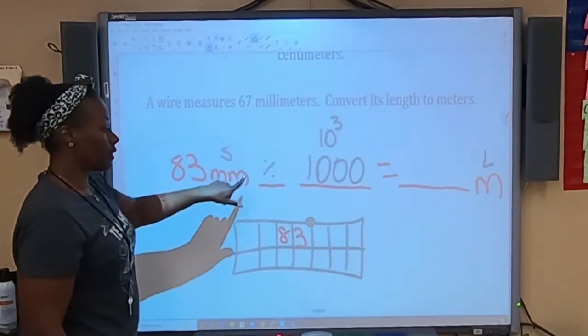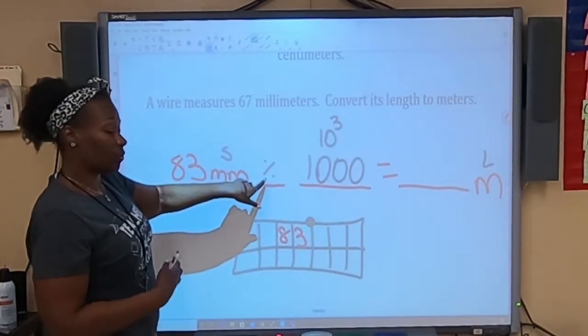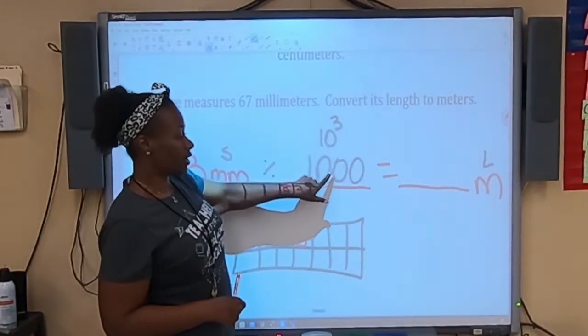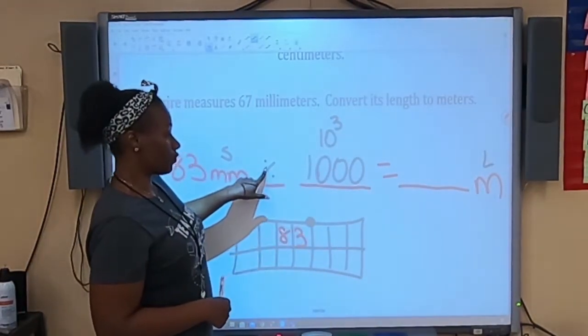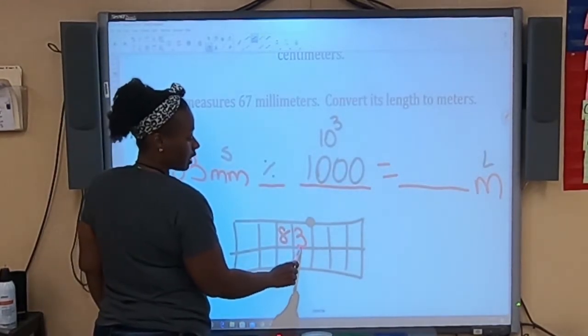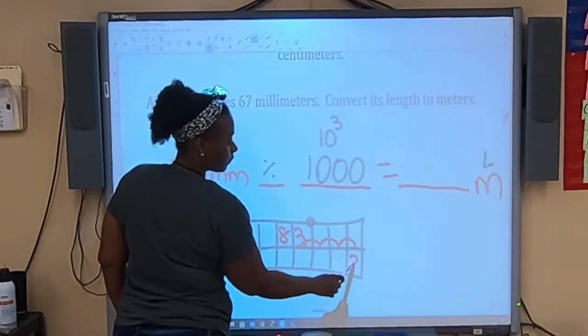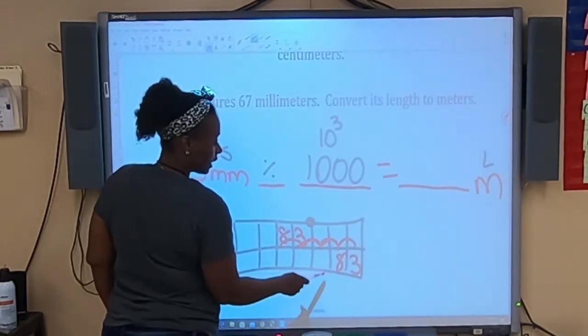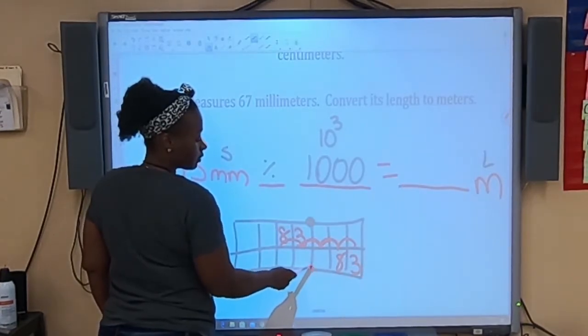Okay, remember when we divide on the place value chart, we shift to the right. My exponent is 3 because I have 3 zeros, so it tells me to shift right 3 times. So everything goes right 3 times. 1, 2, 3. I have to get back to this decimal right here, so I need a 0.